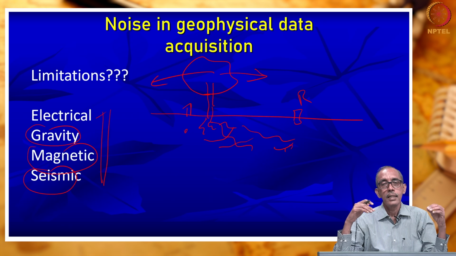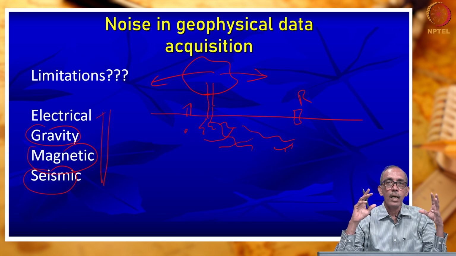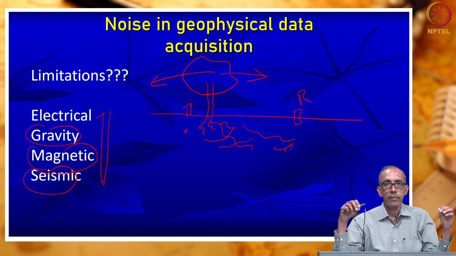So thus in this lecture I have introduced you very broadly to the applications of different geophysical methods. Initially we had a look into what property we are measuring, which property of the earth controls the measured parameter.